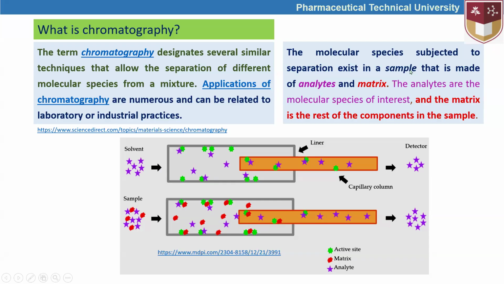The molecular species subjected to separation exist in a sample that's made of analytes and matrix. The analytes are the molecular species of interest to be separated, and the matrix is the rest of the components in this sample. So here in this figure, for example, if this is a column chromatography, inside the column there is a matrix that enables the separation of different compounds, and they are washed, let's say eluted, with different solvents.